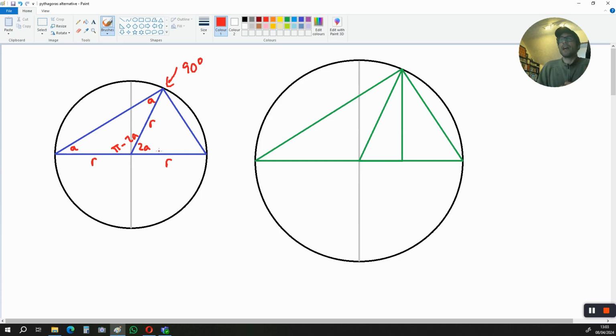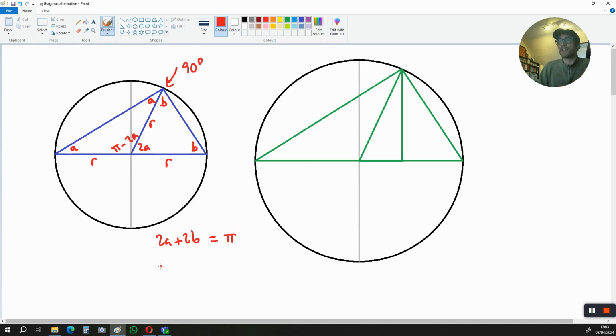And we can call this angle over here b, and we can call this angle over here b as well. Now it turns out that 2a plus 2b is going to be equal to pi radians, because pi radians is 180 degrees.